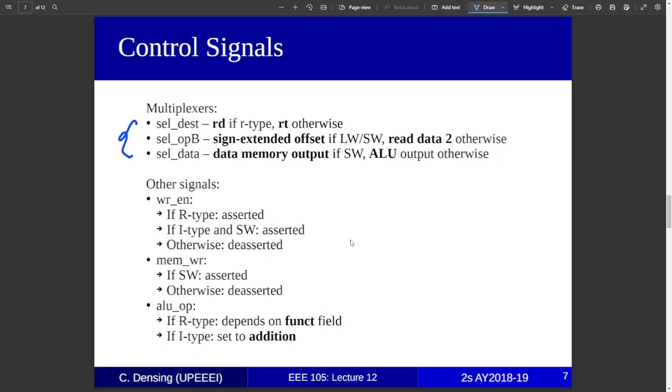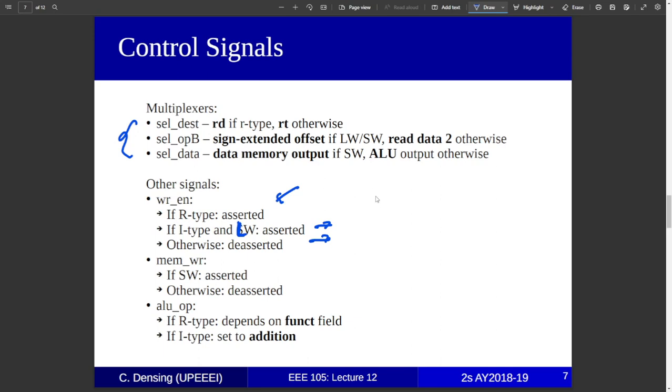For write enable, if it's a store word, if it's... wait, write enable. Okay, rather this is load word. Yep. So here, write enable, that is for the register file.